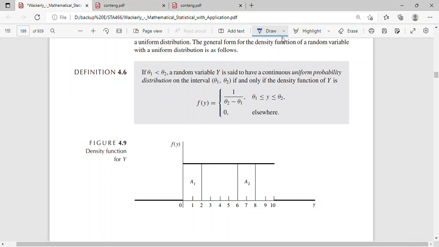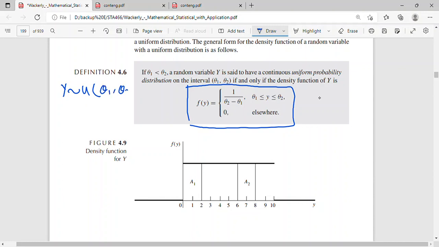Okay, so this PDF for uniform is the one you memorized before this. Theta 1 and theta 2 here are constants, and the interval for this PDF is theta 1 to theta 2. Or we can write it like this, from the interval theta 1 to theta 2.